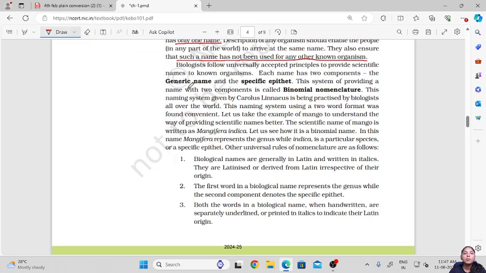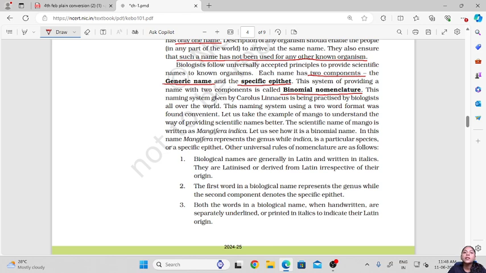Now the biologists follow universally accepted principles to provide the scientific names to the organism. The type of nomenclature that is in use is the binomial nomenclature. Binomial means the scientific name has two parts, or two components. The first one is the generic name and the second part is the specific epithet.